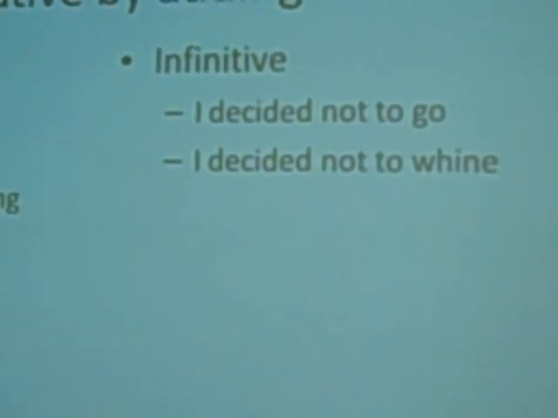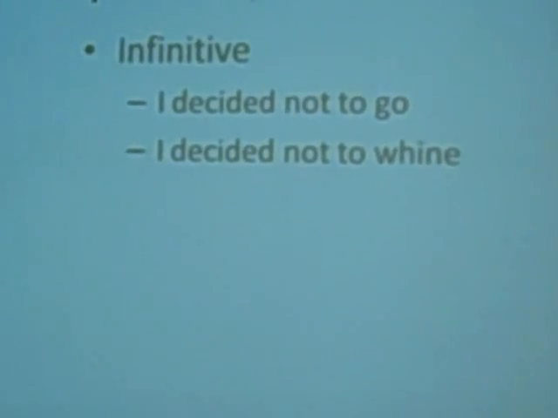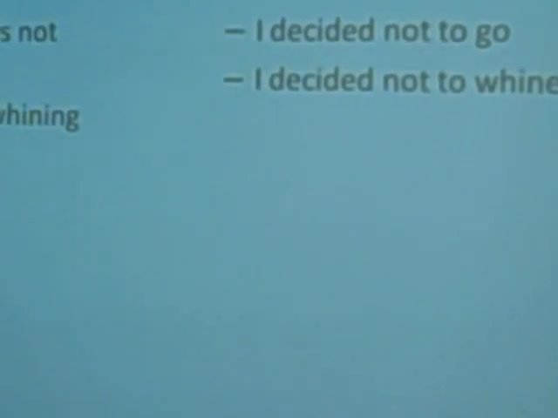On the other side, I like not whining. I decided not to whine. So you can see the difference: not plus to plus the verb makes a negative infinitive, and not plus ing plus the verb makes a negative gerund.